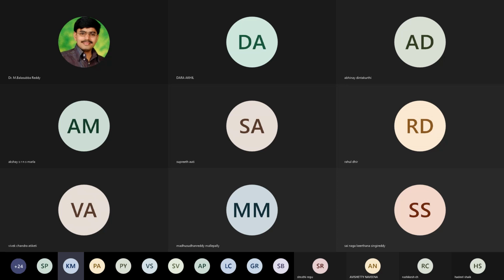Hello? Yes, sir. So now you can see at pi, the thyristor T1 is going to be turned off. And what will happen? Why is this gap coming? Sir, your screen is not visible. I will share once again.